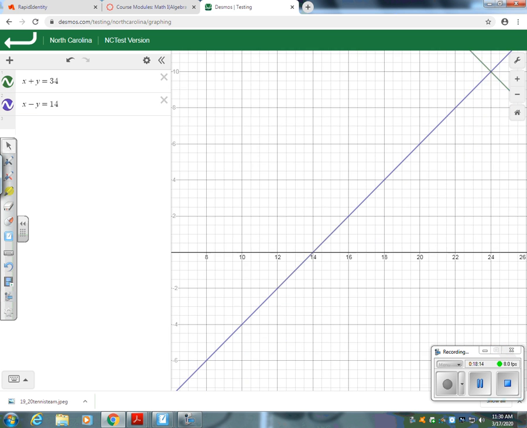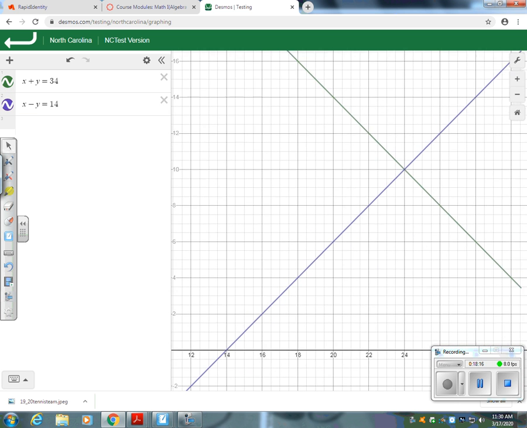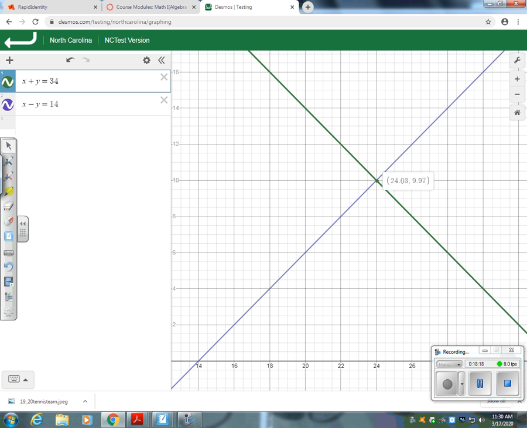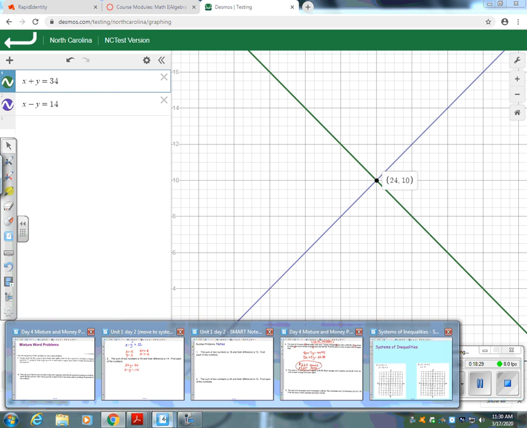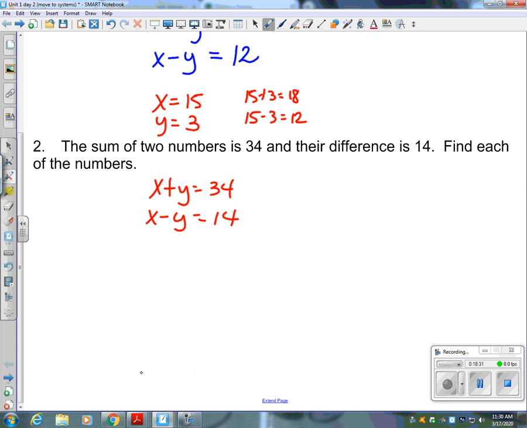You can take hold and drag Desmos around again and find the intersection. The intersection of the two lines, where the blue and the green come together, is 24 and 10. So x is 24 and y is 10. And you can always check this. 24 plus 10 is equal to 34. 24 minus 10 is equal to 14.